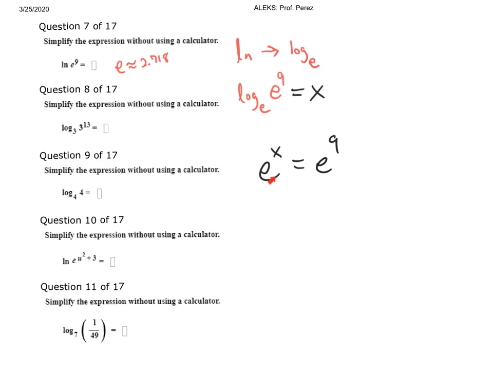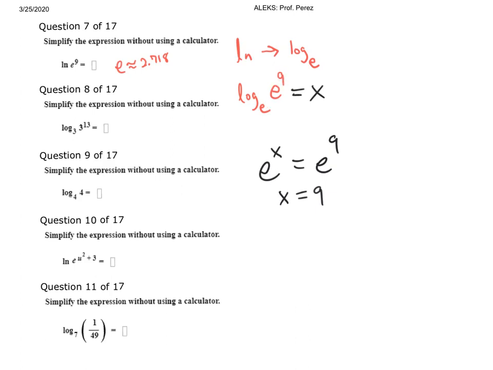Since these have the same base, their exponents have to be the same. So x has to be equal to 9. Let's take a step backwards here. Notice you could think about these two as canceling each other out, and we're just left with that 9.